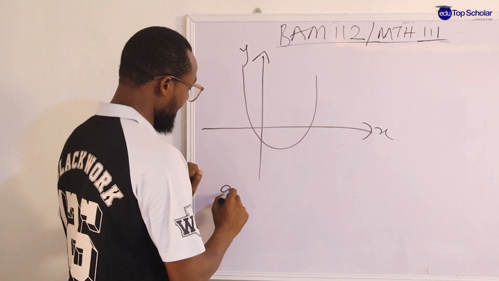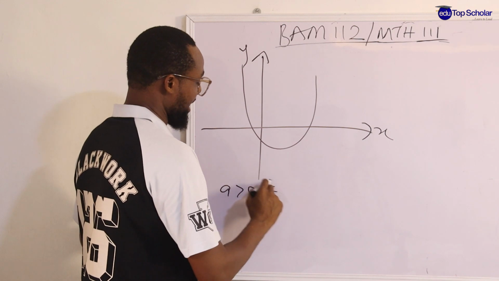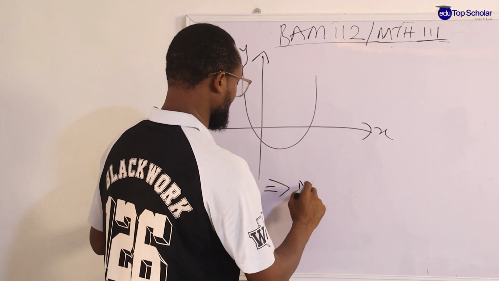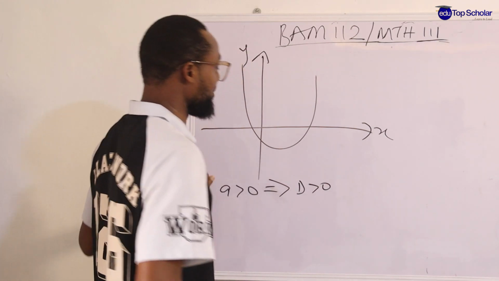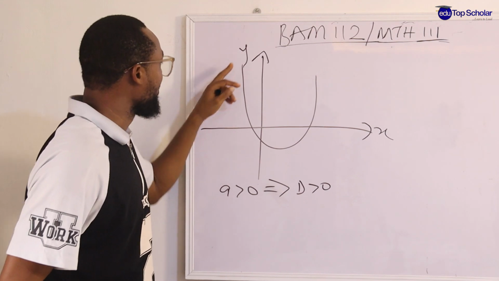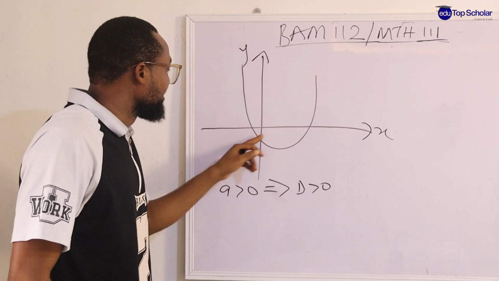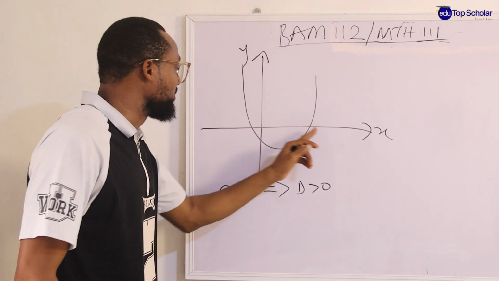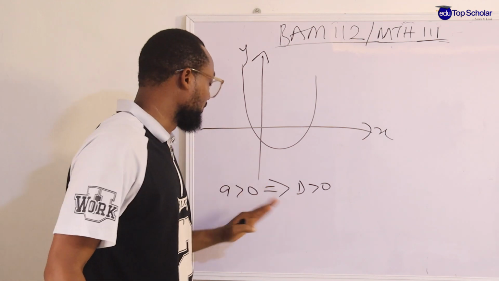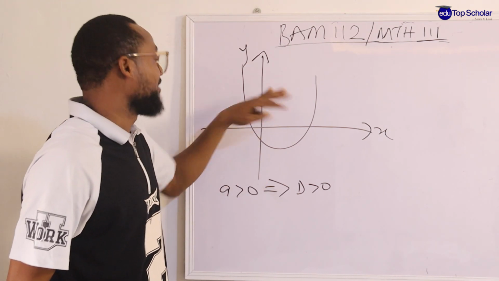Here, a is greater than 0, and our D is greater than 0, which implies that we have two distinct roots. Why? Because this curve intercepts the x-axis at two different points, and those points will be the roots of this graph.